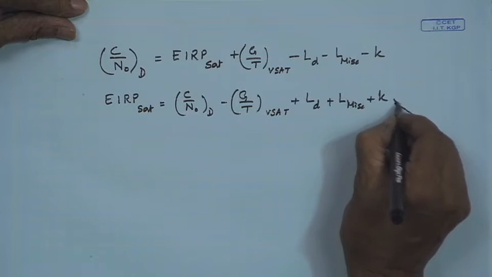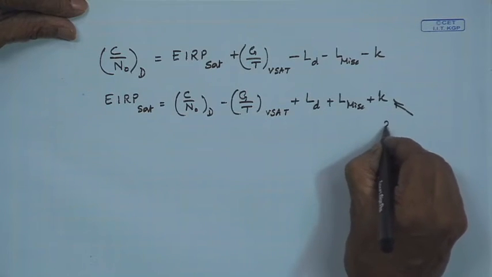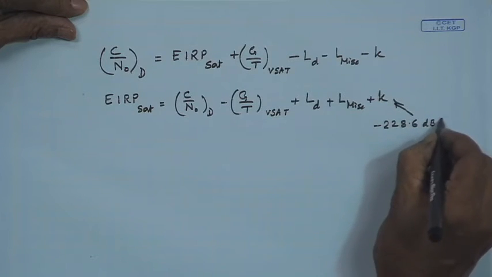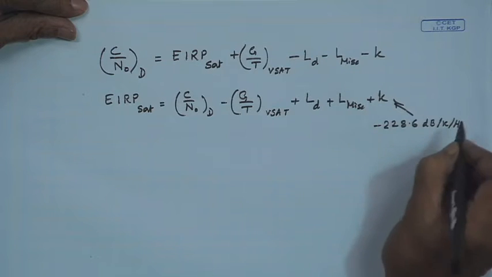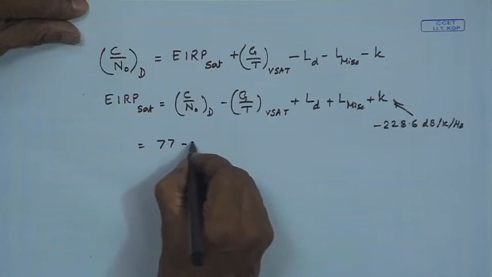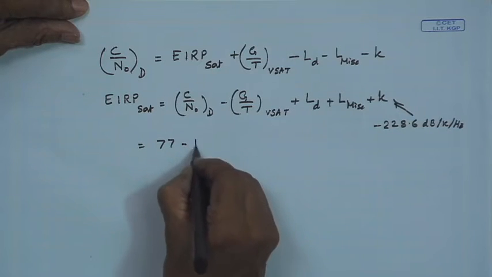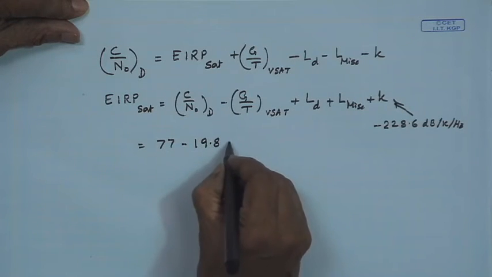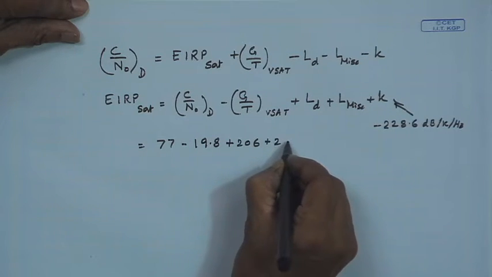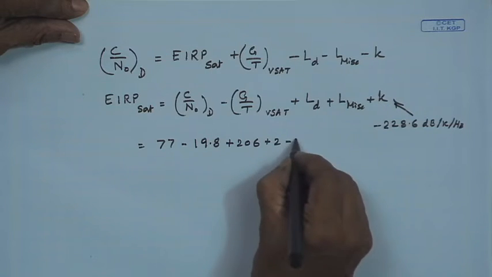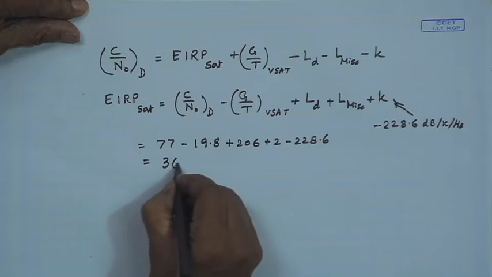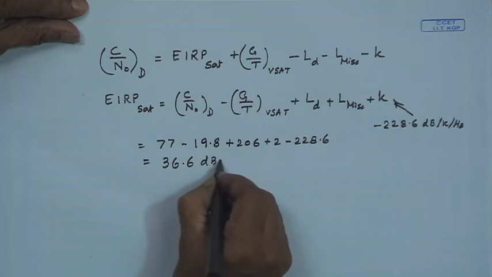Now this value K, if you remember, is minus 228.6 dB per K per hertz. So, if you put the numbers: 77 minus 19.8, if I recollect correctly, this was 206, this was 2, and then this is minus value, so minus 228.6, that gives a number as 36.6 dBW.